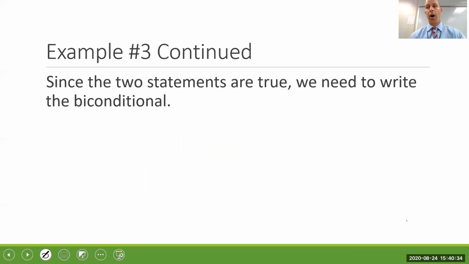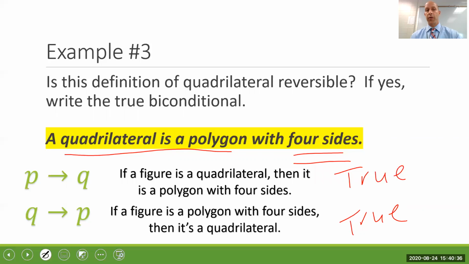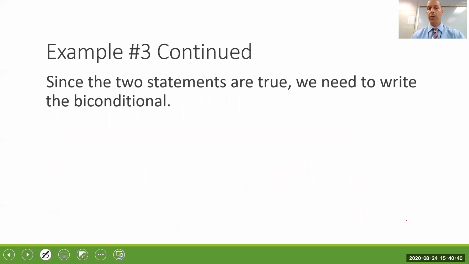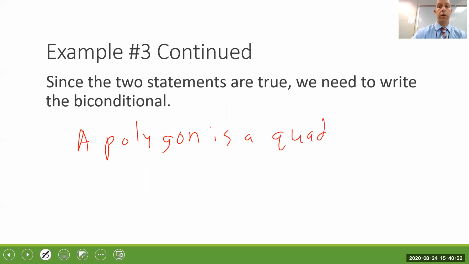Actually, I'll go ahead and write it, but here's the original statement: a quadrilateral is a polygon with 4 sides. So how could we write that? A polygon is a quadrilateral. And what are those keywords again?